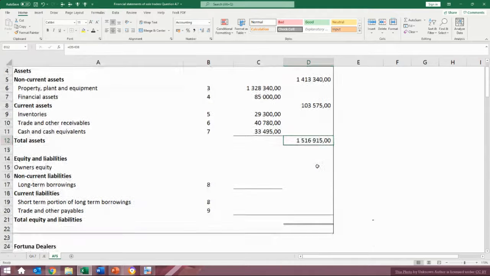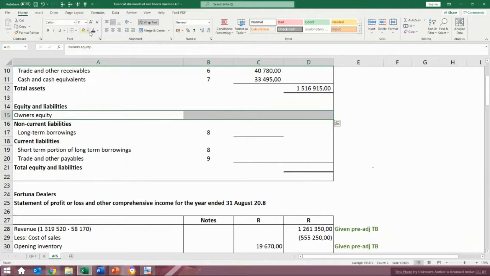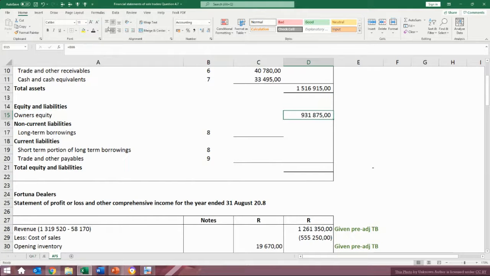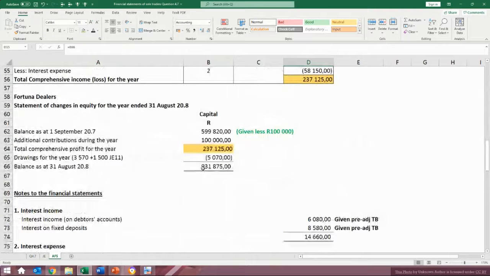Now, that 1.5 million, once we've done the equity and liabilities, that amount here should be exactly the same amount as here at the bottom. So let's start with the owner's equity. We said this one would agree to what we have in our statement of changes in equity. So I'm going to make that green. And then it would agree to what's in here.